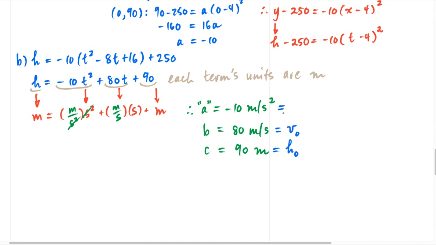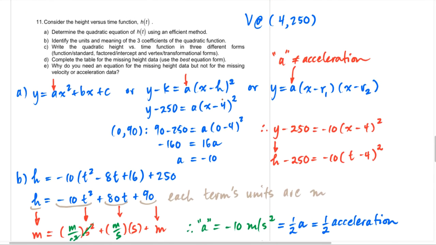We can get to the answer without fully understanding why: this is going to be half of the acceleration due to gravity. And here I'm going to use A without quotations, where this does actually represent acceleration. When we see calculus, derivatives, and antiderivatives, we will understand the presence of this 1/2 coefficient in better detail. But for now, we have our quadratic equation, and we can account for all of the units.